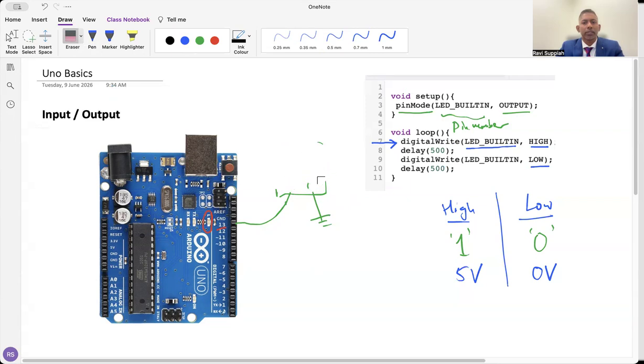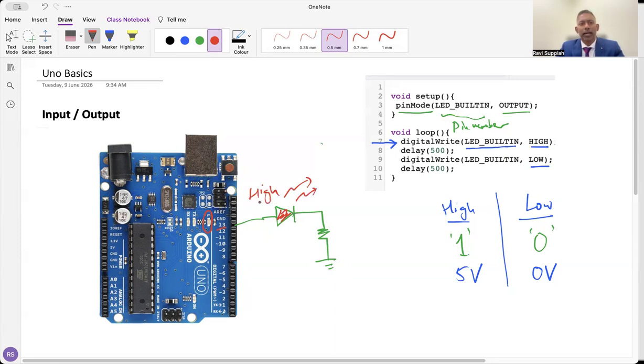So instead of just measuring it, if I now connect an LED to this line, to pin 13, and a resistor to ground, when I execute this line, this will light up when it is high.